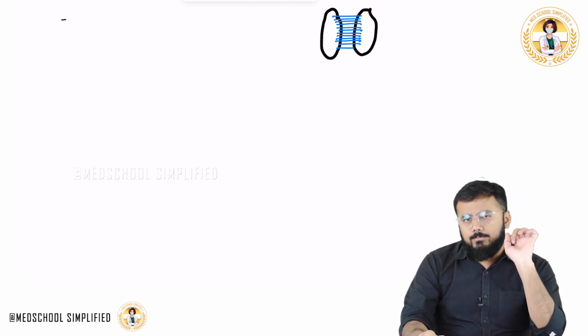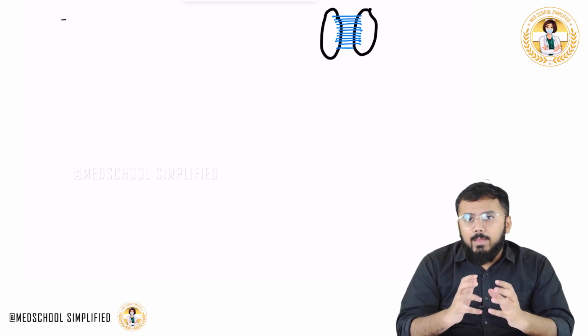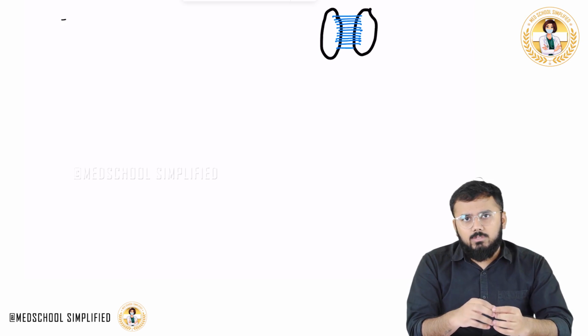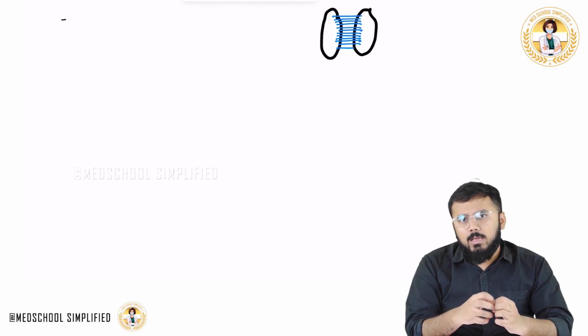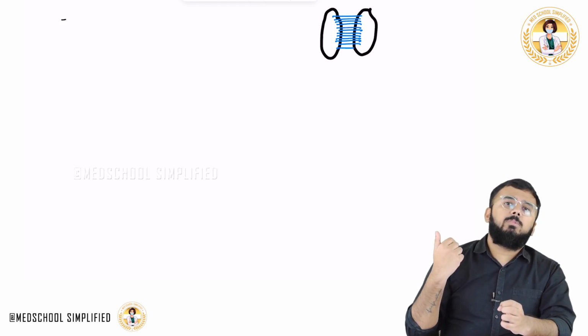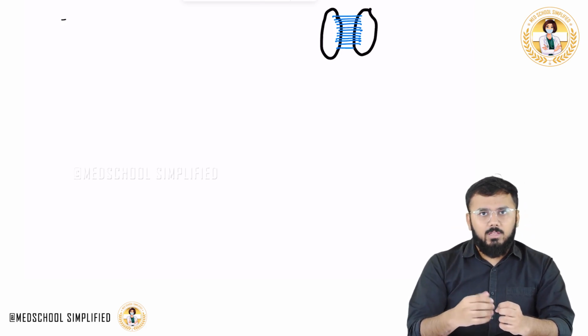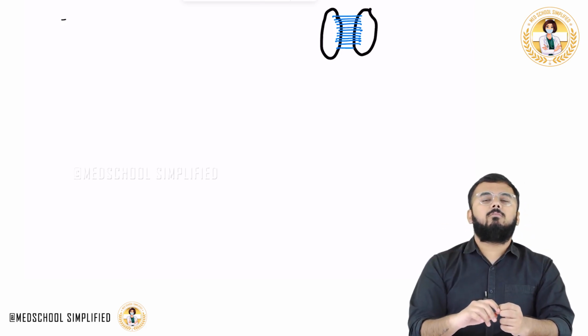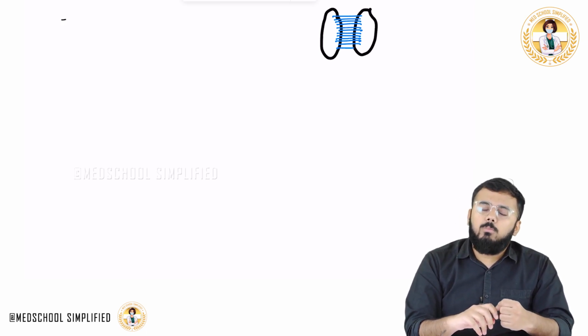Then the second important point I want to make clear is that the cerebellum also has two hemispheres: the right cerebellar hemisphere and the left cerebellar hemisphere. If the right cerebellar hemisphere is damaged, there will be loss of posture and balance on one side only. If the right is damaged, only on the right side I will have loss of posture and balance. If the left is damaged, I will have a problem with the left only.